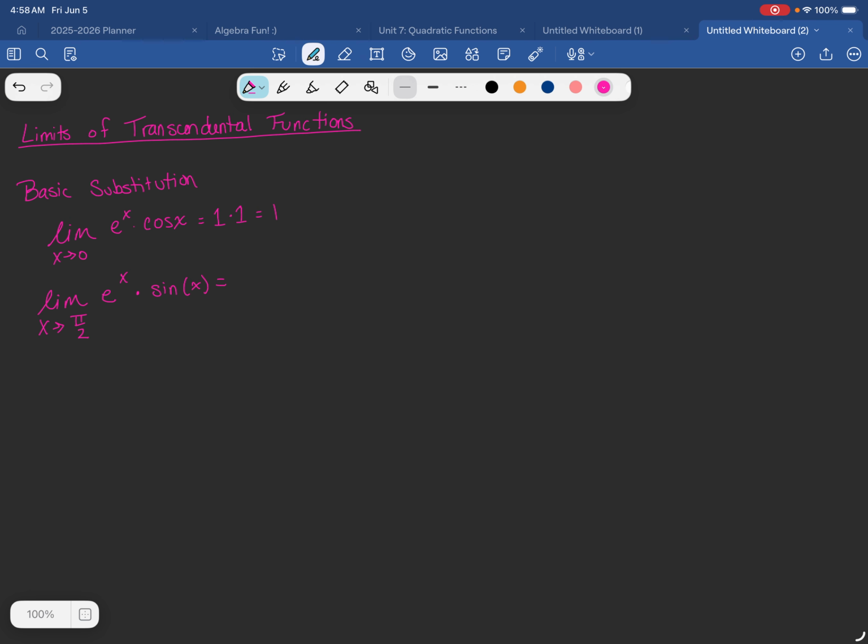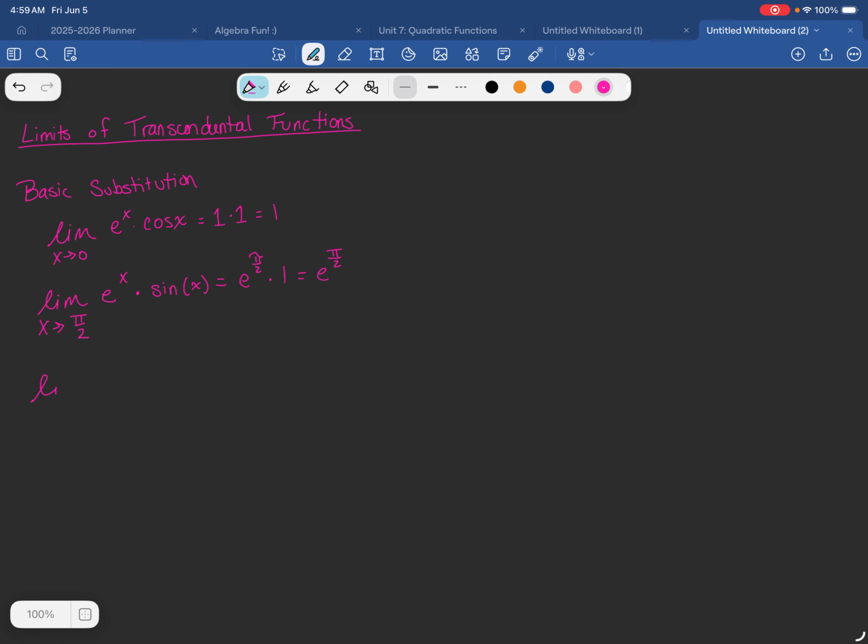Although it looks funny, we can put pi over 2 in for x in e to the x. We just get e to the pi over 2, so that's fine. And then we know that sine of pi over 2 also equals 1, and so we just get e to the pi over 2. Both of these situations have resulted in us being able to just substitute in for an expression.